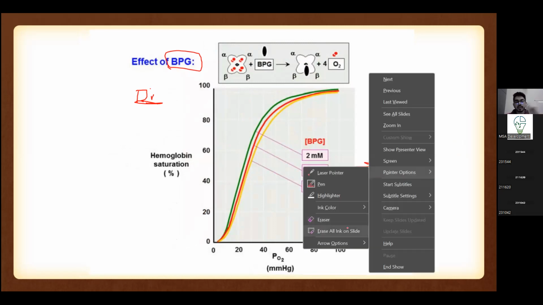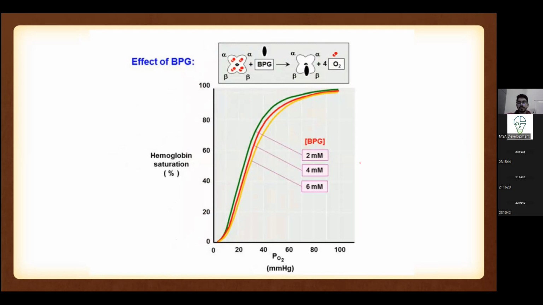So basically, the only implication of this and the only example for that is in cases of chronic hypoxia, such as when you go up high in the mountains, or in cases of chronic lung diseases. In that case, you are going to see an increase in BPG, okay? And this increase in BPG is going to cause a decrease in affinity. Okay, why is that helpful?